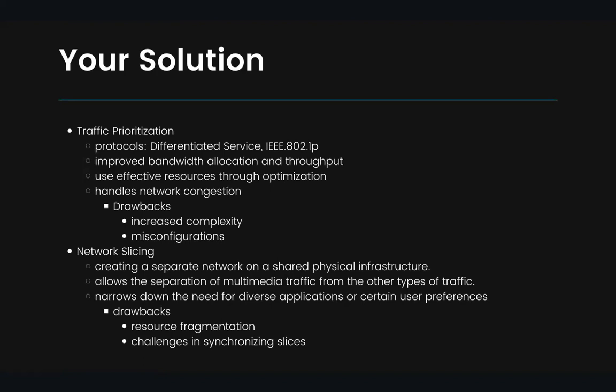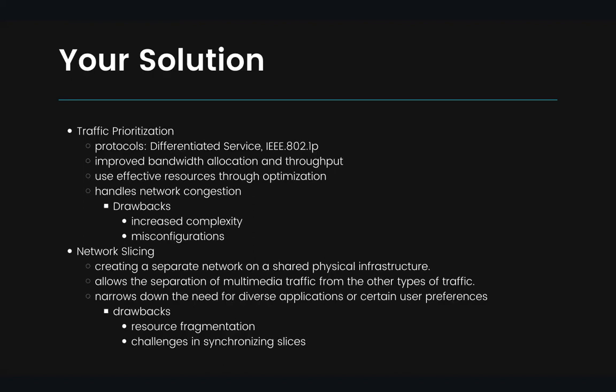This prioritization ensures that critical data experiences minimal delays during processing and transmission. The protocols employed in the traffic prioritization guarantee that high priority traffic receives significant treatment in terms of bandwidth allocation. Implementing this not only enhances the overall user experience for multimedia applications, but also efficiently manages network resources, ensuring consistent quality of service for critical applications in various network conditions.